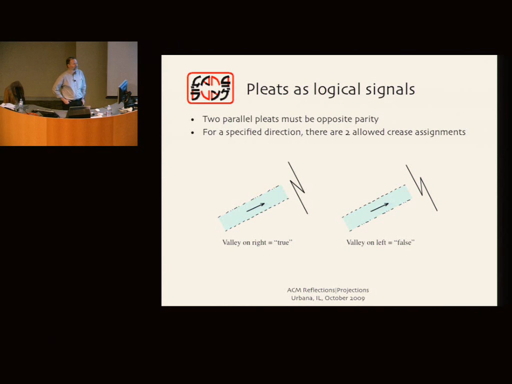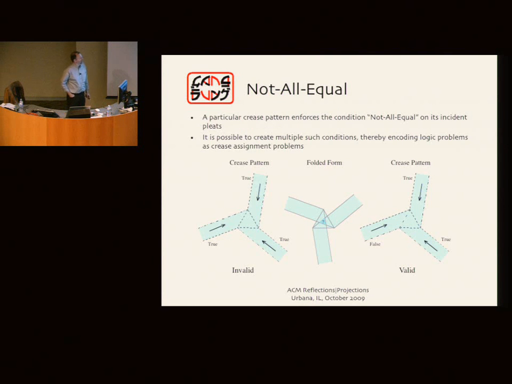Now, what happens when some of these trues and falses come together? Well, if 3 of them come together at a triangle, it turns out all the angles can be satisfied, but layer ordering dictates that in the middle, you can't have all 3 of them be true. Basically, if I have 3 true pleats hitting, then all 3 layers want to be on the top, and you can't have all 3 on the top.